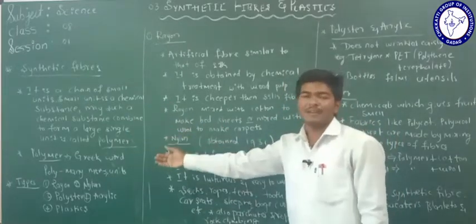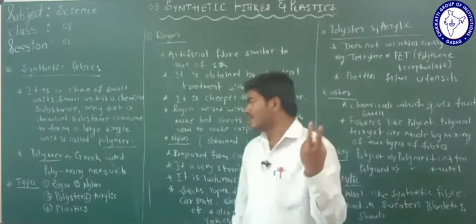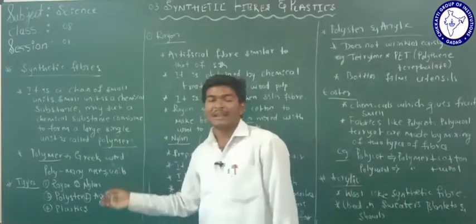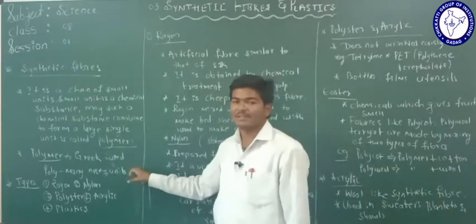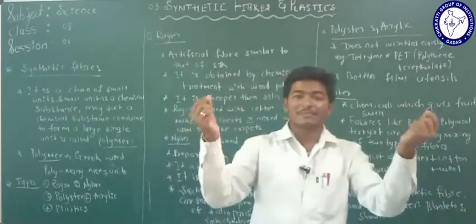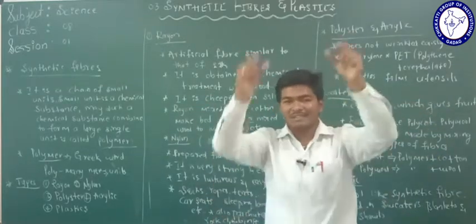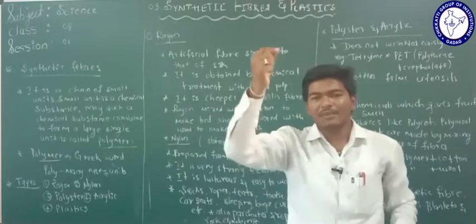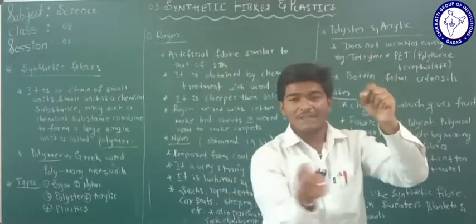This word polymer is a Greek word. It comes from two words, poly and mer. Poly means many and mer means units. That means a synthetic fiber is made by many small units. If you consider a necklace, it is made by a continuous chain of small beads.